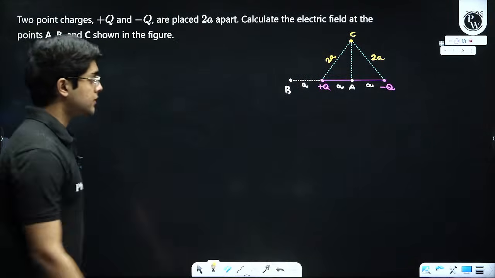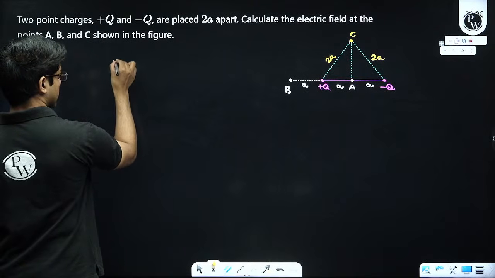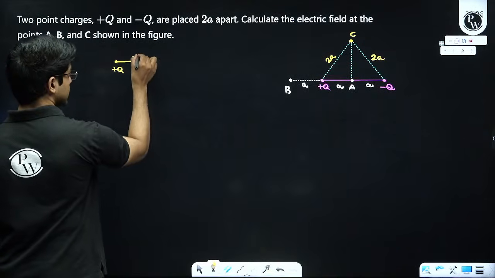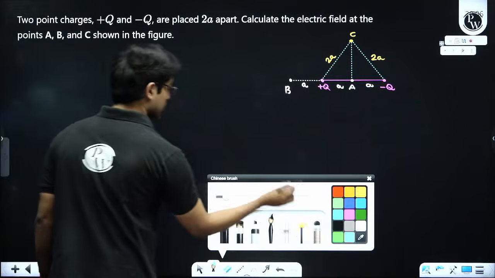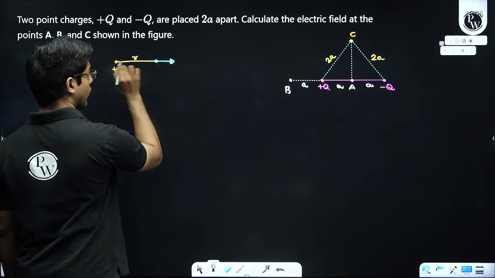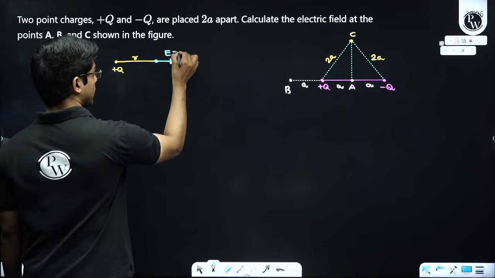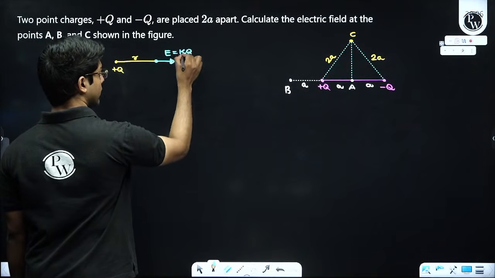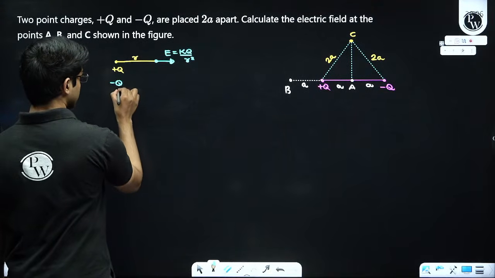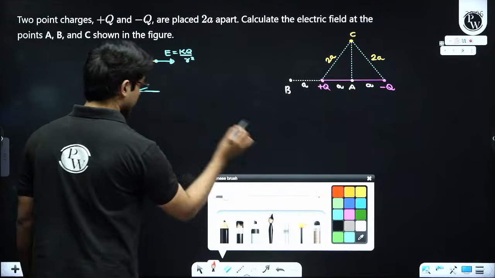Firstly, what is the electric field due to a plus Q charge that we just discussed? At a distance r, it will be in this direction along the r direction, and its magnitude is kq divided by r square, right? Due to a minus q charge, the only difference is the direction.